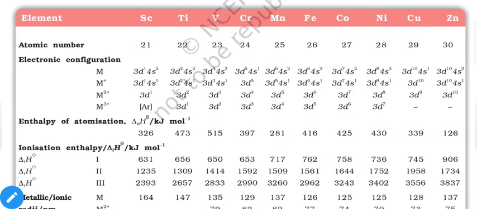First 326, then 473 increased, then 515 again increased, then 397 decreasing, then 281 again decreased, then 416 an increment, 425 increment, 430 increment, then again a drop to 339 and 126 minimum. So a variety of variations are being observed.